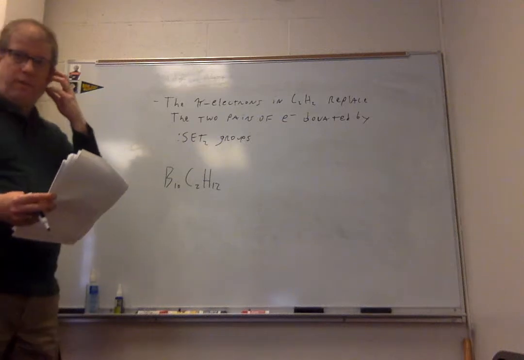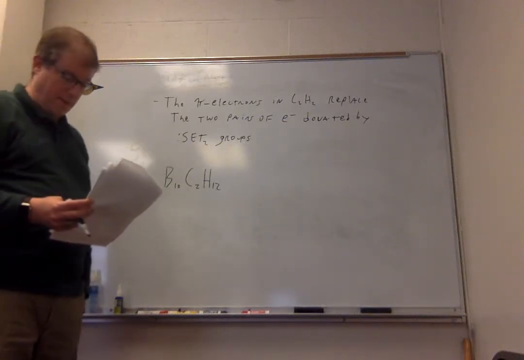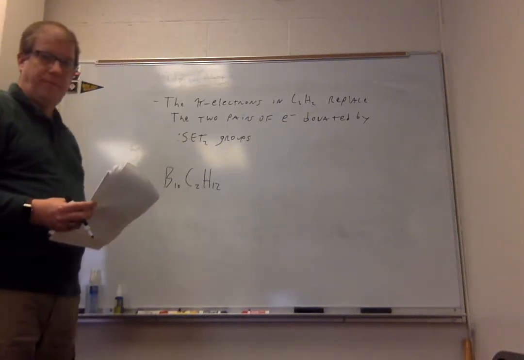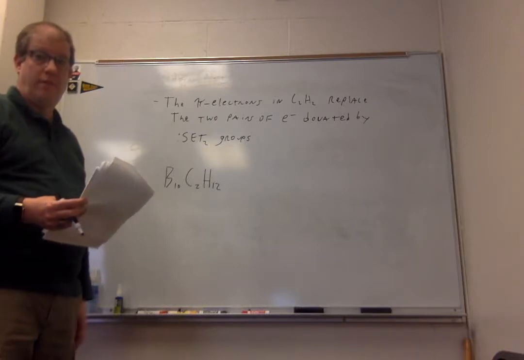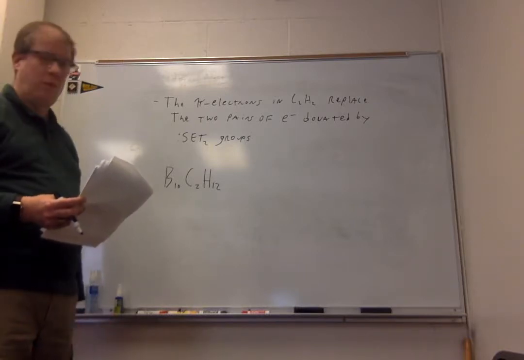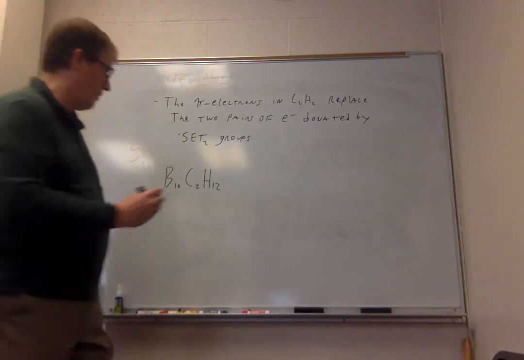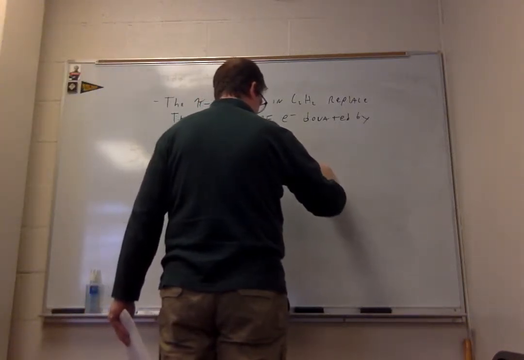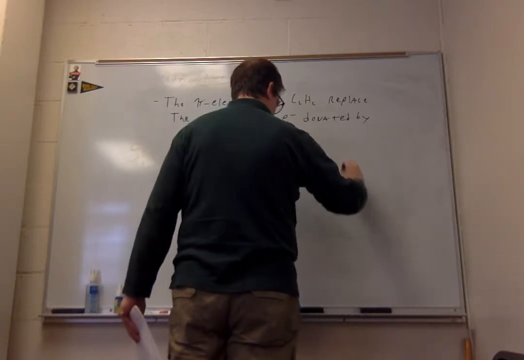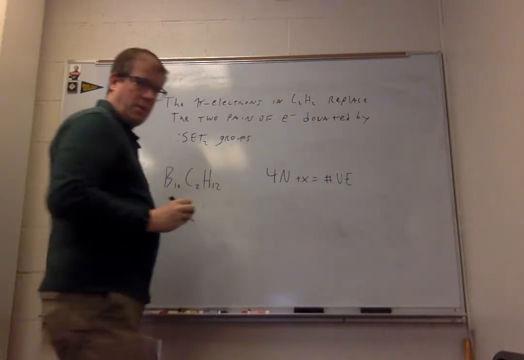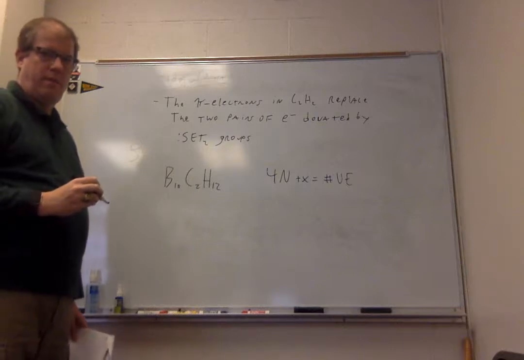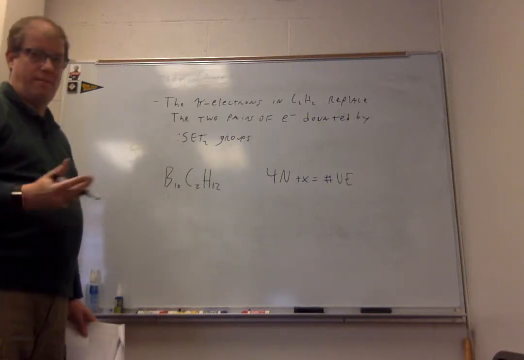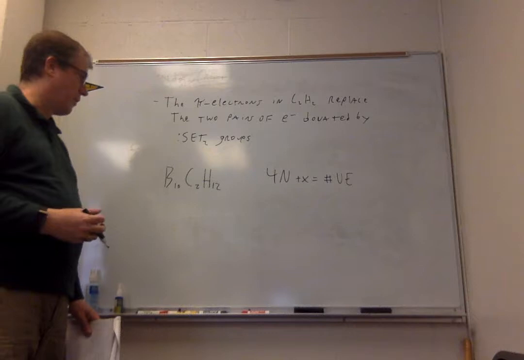So just for the sake of the exercise, let's determine what geometry we have using the Wade-Mingos rules. And so 4n plus x is equal to the number of valence electrons. If you're paying attention to what I just said about the electron change, you probably already know.